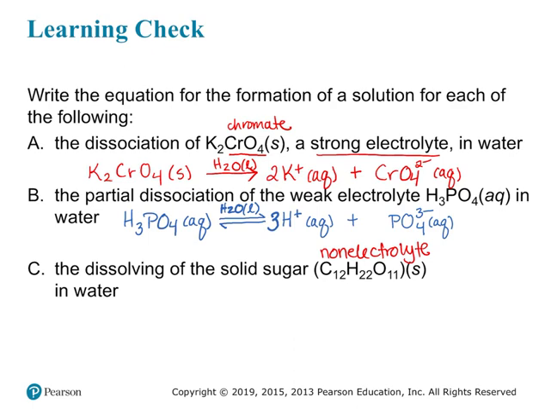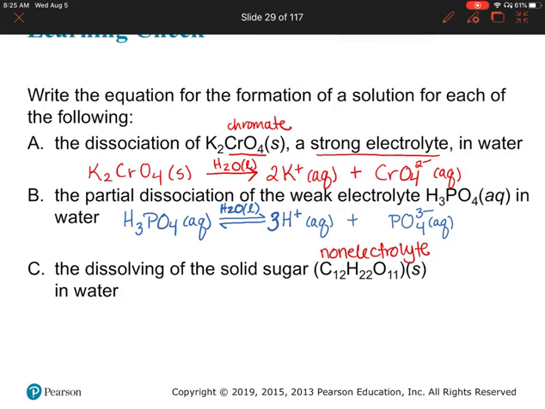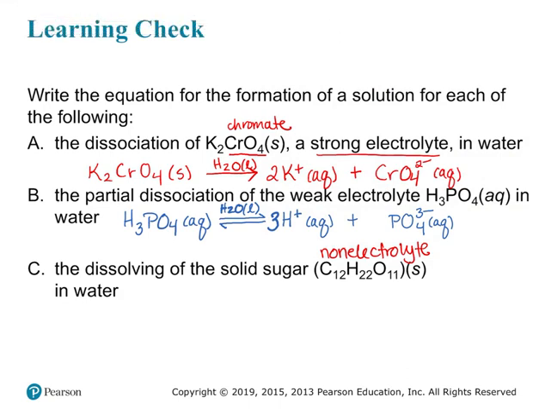Okay, so now for C, sugar. If we dissolve sugar in water, what happens? So I gave you a hint that sugar is a non-electrolyte. So if we start with the solid and we dissolve it in water, what will happen?